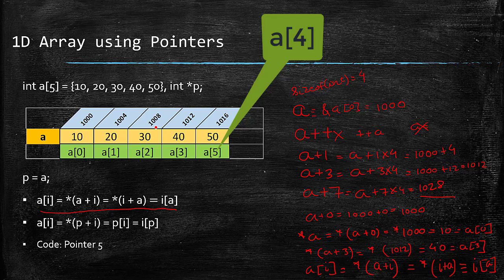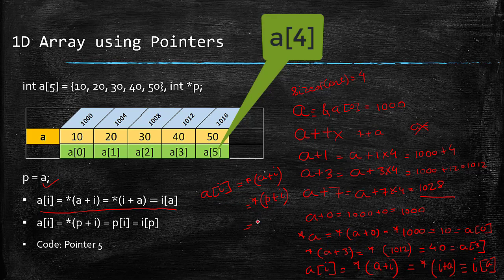As they have the same value, to access the A[I] element we can use P. We know that A[I] equals *(A plus I), so instead of A we can put P. So *(P plus I) will give me the value present in A[I].